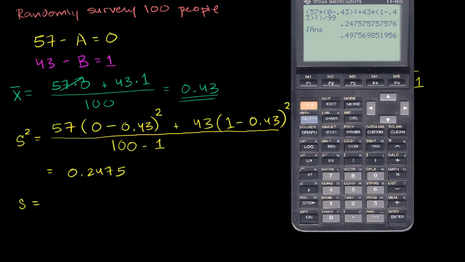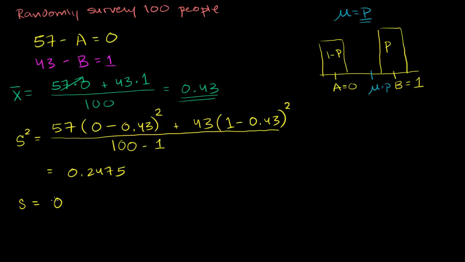So my sample standard deviation is 0.50. Now, if you just look at this, your best estimate of the percentage of people voting for A or B is really what you just saw here. Your best estimate of the mean is that 43% of people are going to vote for B and everyone else is going to vote for A.